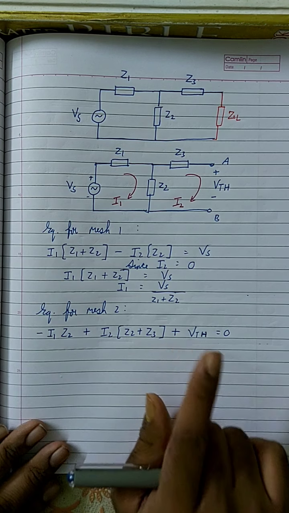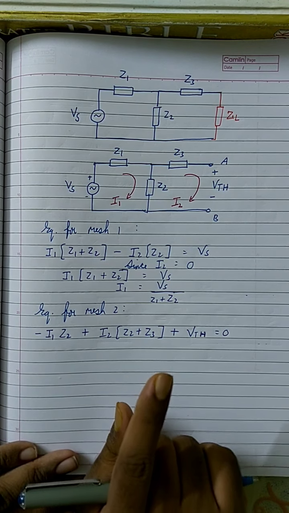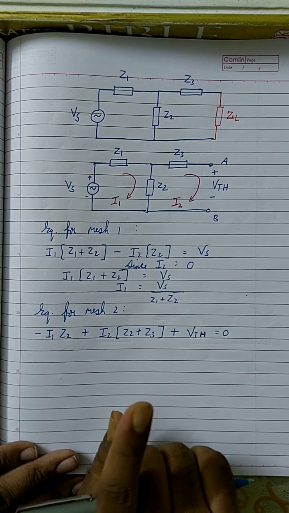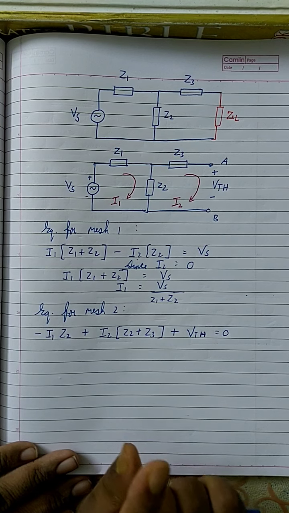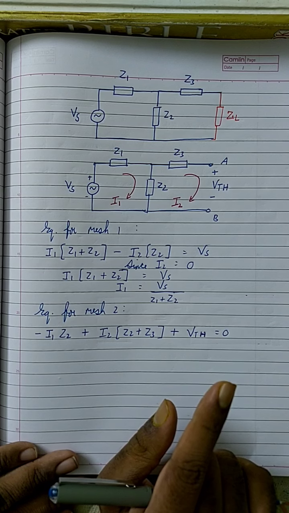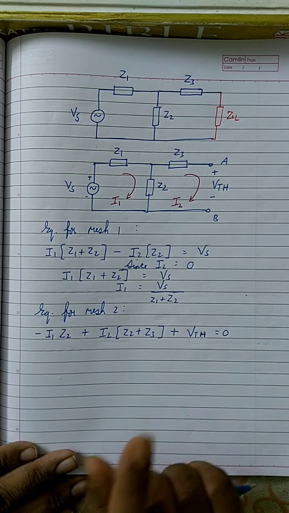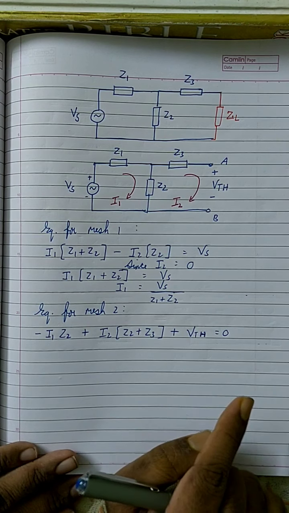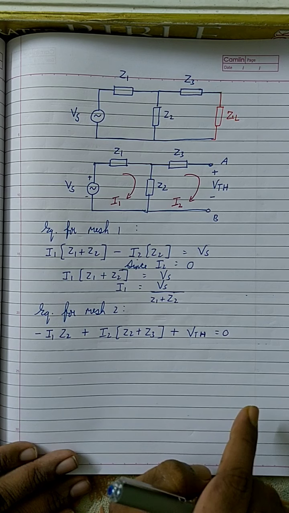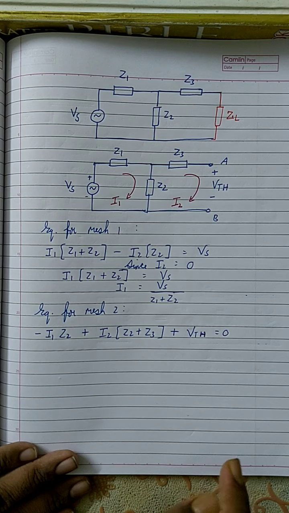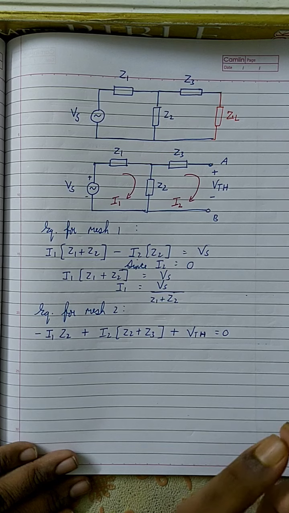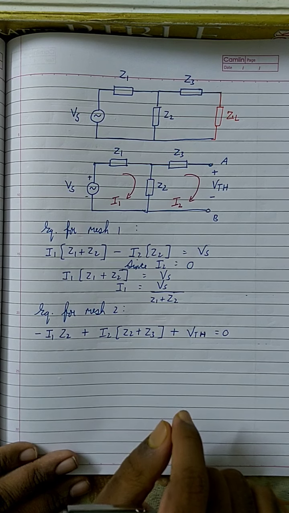I have already told you before that current always flows from a higher potential to a lower potential. Current always flows from 5 volt to 3 volt, or from 10 volt to 7 volt, or from 20 volt to 10 volt.